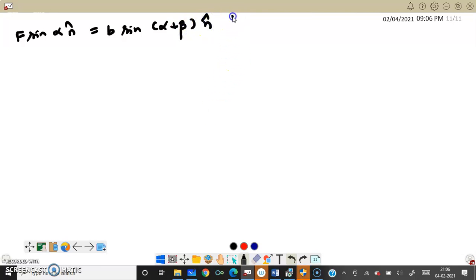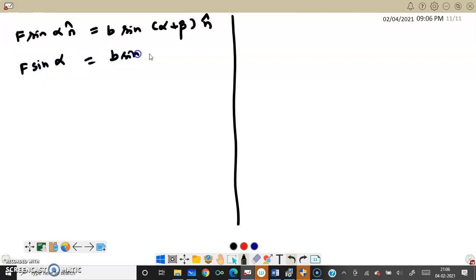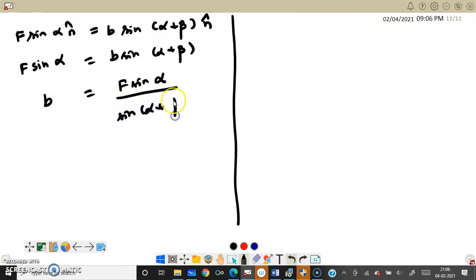This is what we have written in the previous board, right? Taking the n cap component, I'll get F sine alpha equal to B sine of alpha plus beta. So I'll get B equal to F sine alpha by sine of alpha plus beta. I am finding B only, because what we are trying to find is B and A.